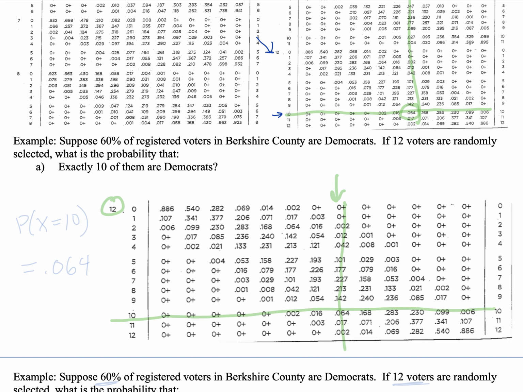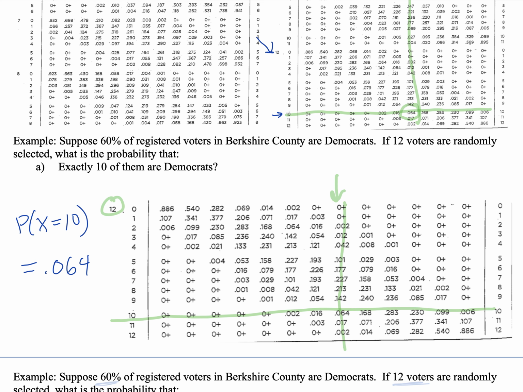Where do they match? They match at 0.064. So the probability that x is 10, that there are 10 Democrats out of the 12 voters we randomly select, is 0.064. So that is our binomial probability.